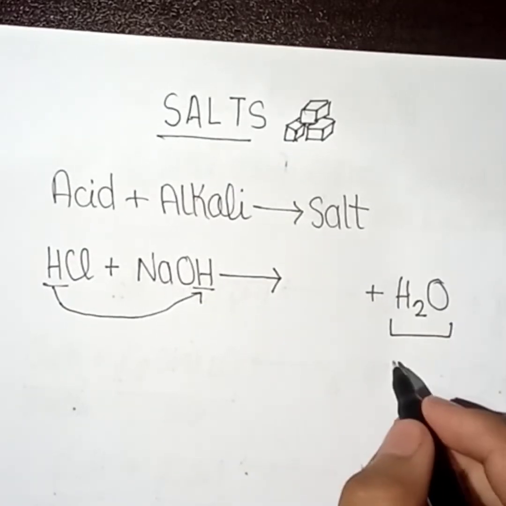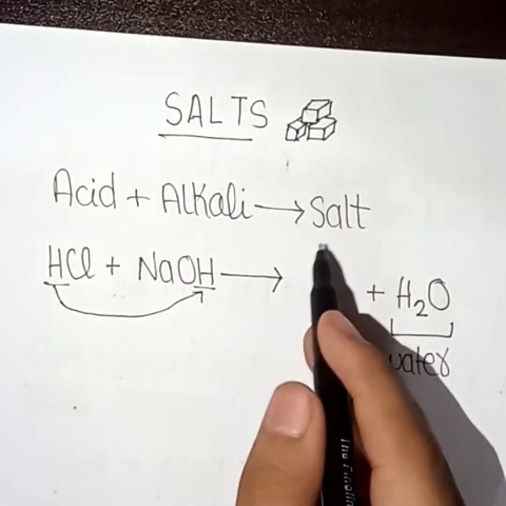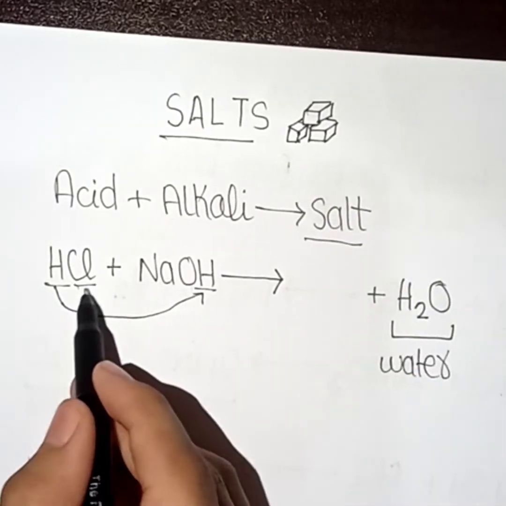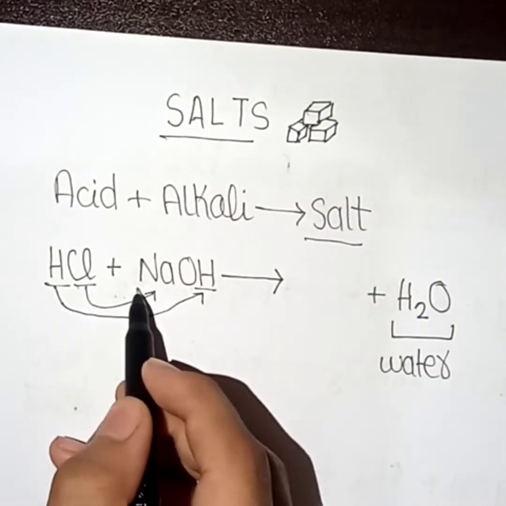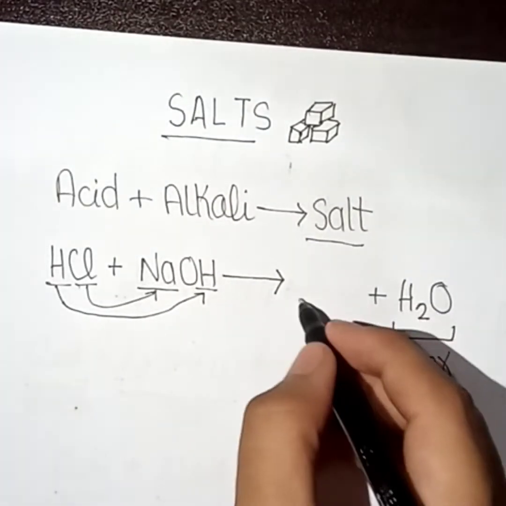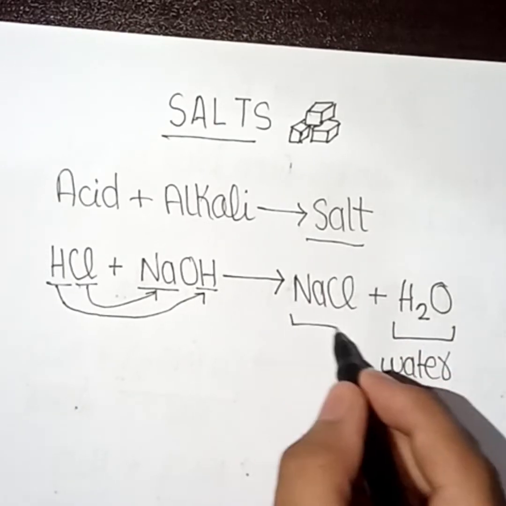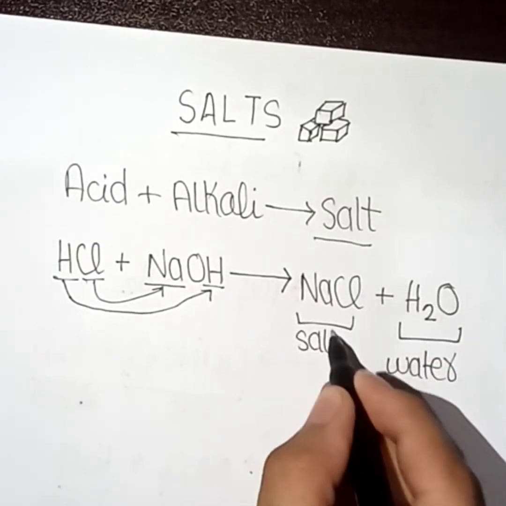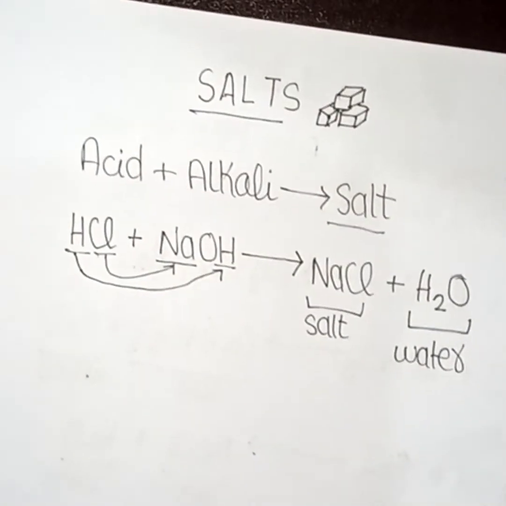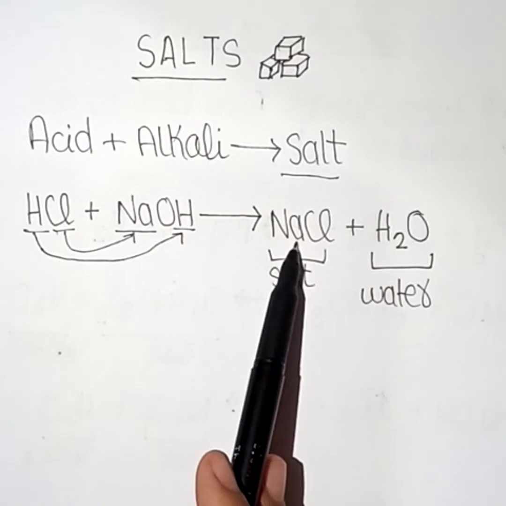This is known as water, and giving you the salt, this chloride will react with sodium to give you sodium chloride, which is a simple salt. So whenever acid reacts with alkali, it will give you a salt.